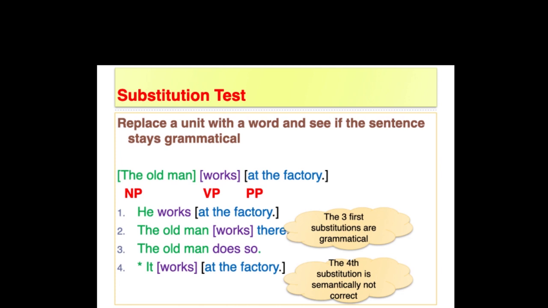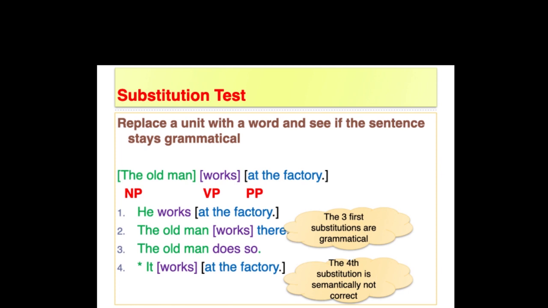The fourth example. We say, it works at the factory. Now here we have provided another pronoun. We have replaced the old man with another pronoun, which is it. Now, what do you think about this sentence? Now, the substitution is semantically not correct, which means we cannot say it works, because normally we use it for objects, not for human beings who have the capacity to work.